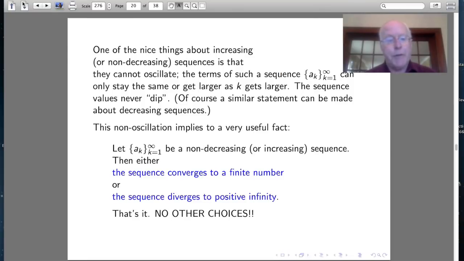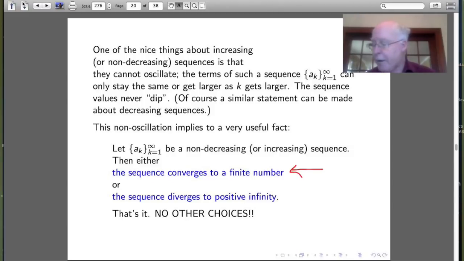But the upshot is this: the non-oscillation of the increasing sequence implies a very useful result, and that's this, that if a_k is a non-decreasing or increasing sequence, then two things can happen. Either the sequence converges to a finite number, or it diverges to plus infinity. There's no other choices.